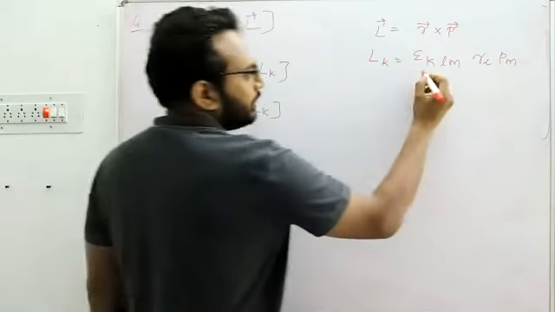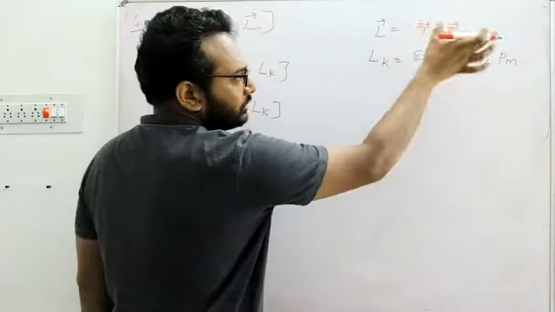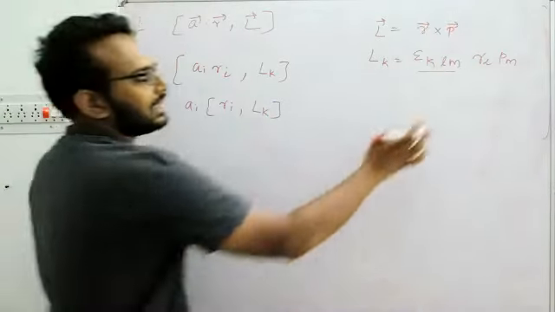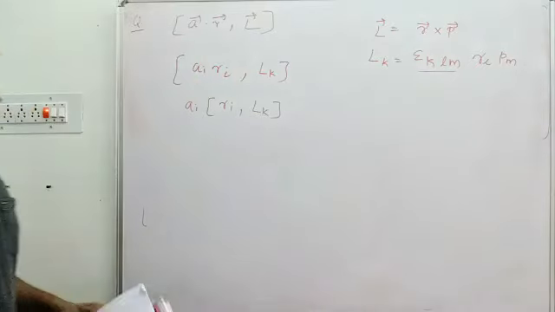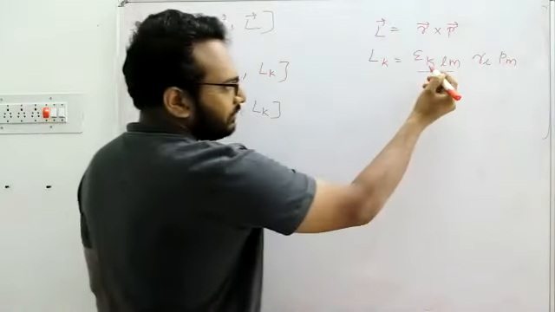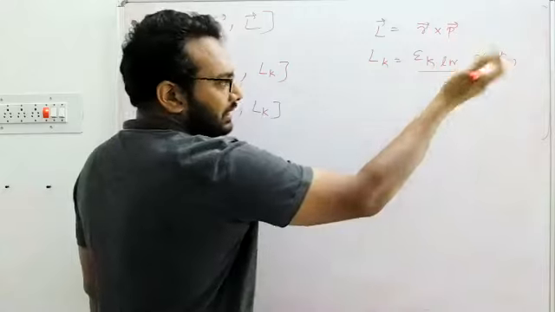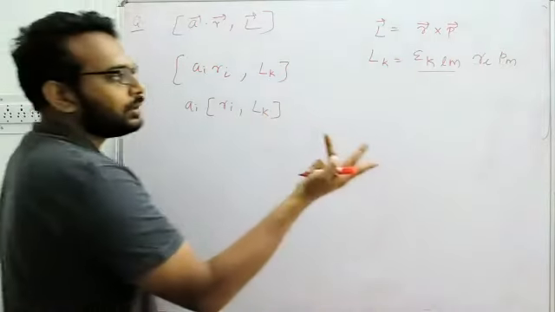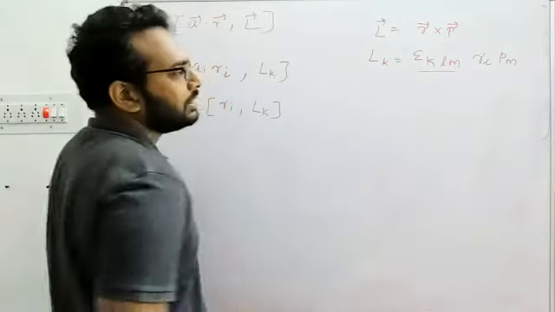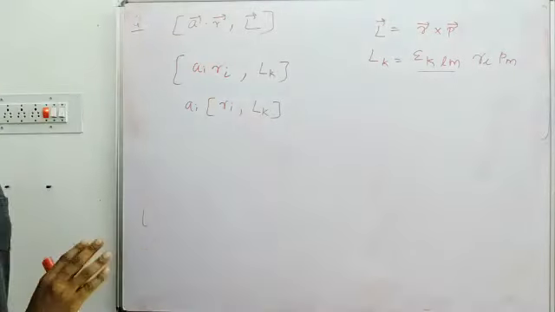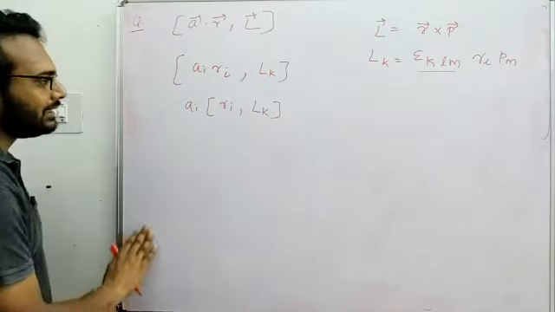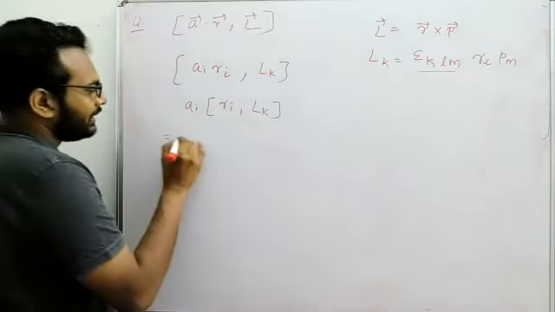I told you the properties of Levi-Civita and the cross product between two vectors. Any component of the cross product between two vectors can be written using the Levi-Civita. If these are in cyclic permutation, it's equal to 1. If they are non-cyclic, it's -1. If any two indices are the same, it's equal to 0. So the possible values are 1, -1, and 0. It's completely antisymmetric, etc.